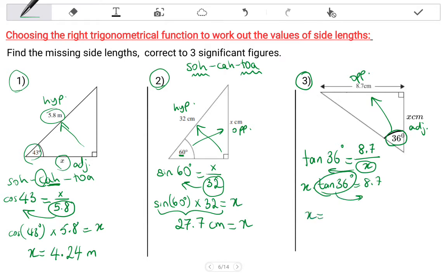And x is calculated by 8.7 over tangent 36 degrees. You are going to write down what you see in your calculator, and according to three significant figures, our answer is 12.0 centimeters.